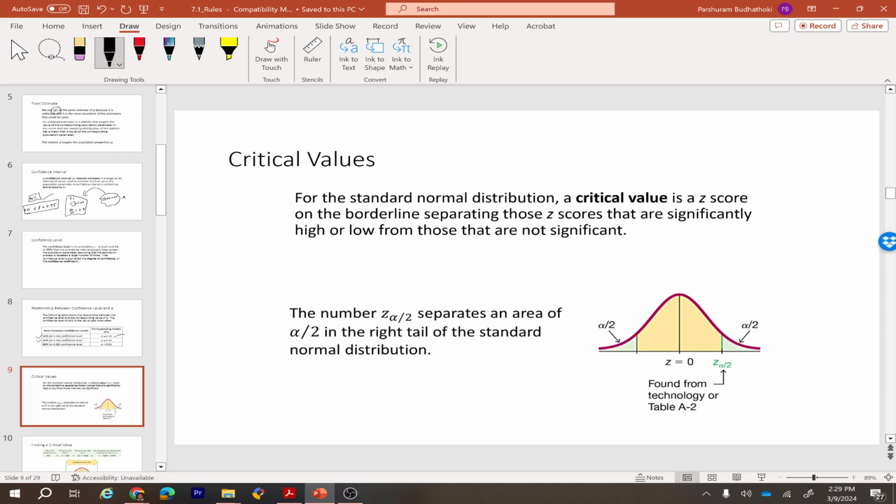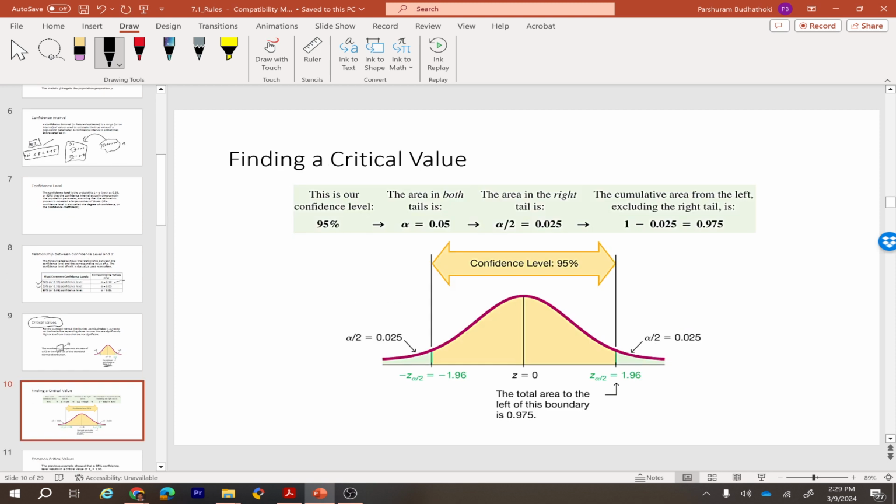Okay. So a critical value is a z-score which separates the significant values to the right and to the left. For example, let's say this is the critical value, which is the z-score, such that the area to the right side of that z-score under the curve is alpha over 2. How do you find it? By using StatCrunch. We're going to use technology here.